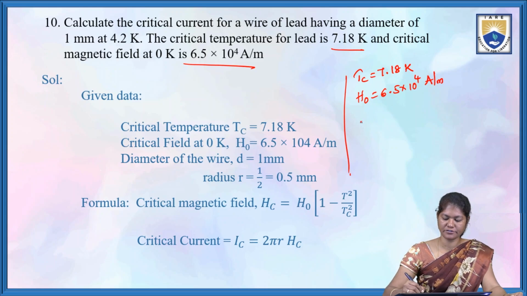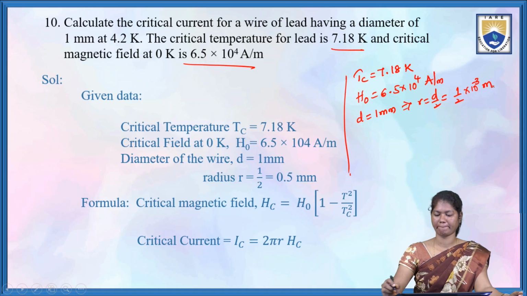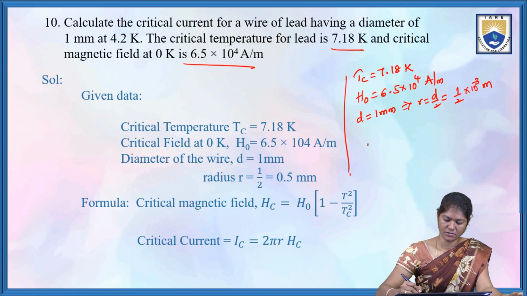The diameter of the wire D is equal to 1 millimeter, so R equals D by 2, which is 1 by 2 into 10 power minus 3 meters. We need to calculate IC.